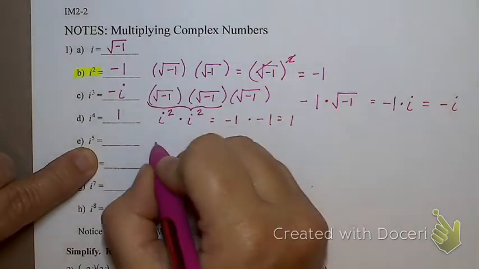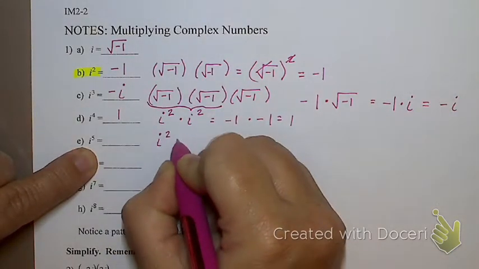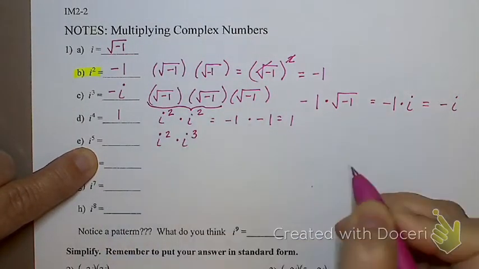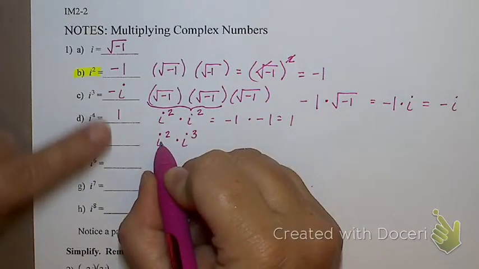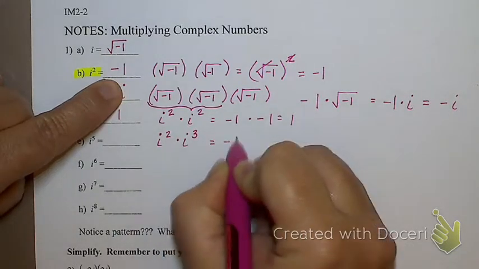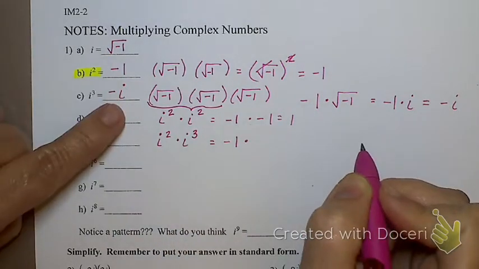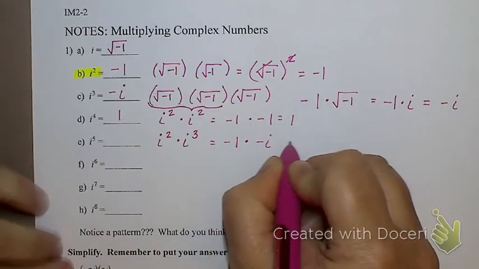Okay, I'm going to do more of them this way. So i to the 5th, I'm going to call that i to the 2nd times i to the 3rd. What is i to the 2nd? -1. What's i to the 3rd? What's -1 times -i?